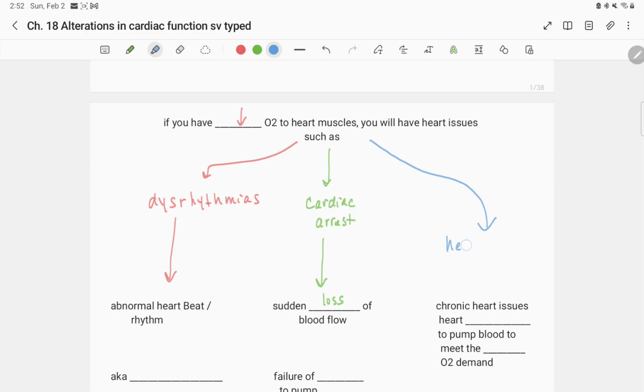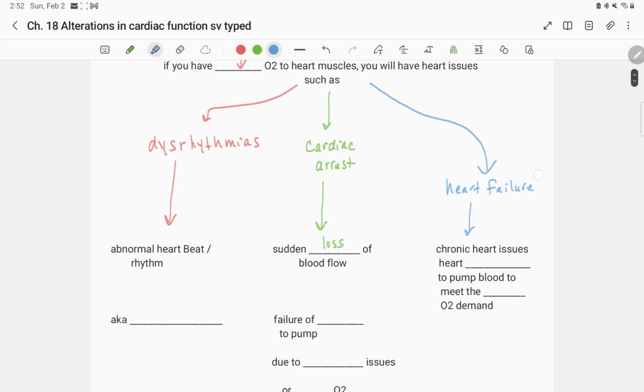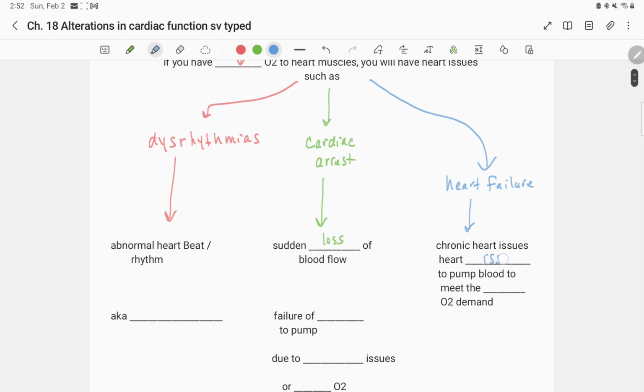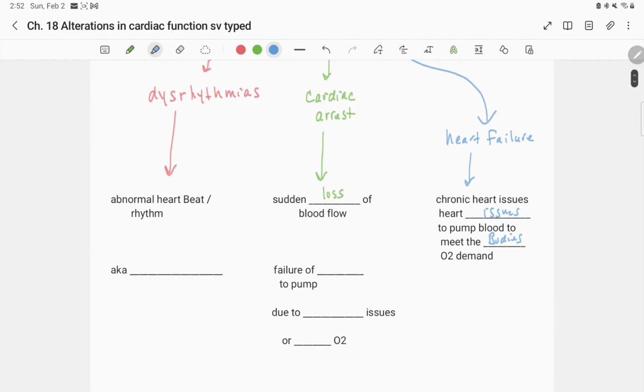Okay, so heart failure, so chronic heart issues to pump blood to meet the body's demand. Okay, so there's an inadequate oxygen supply and demand there.